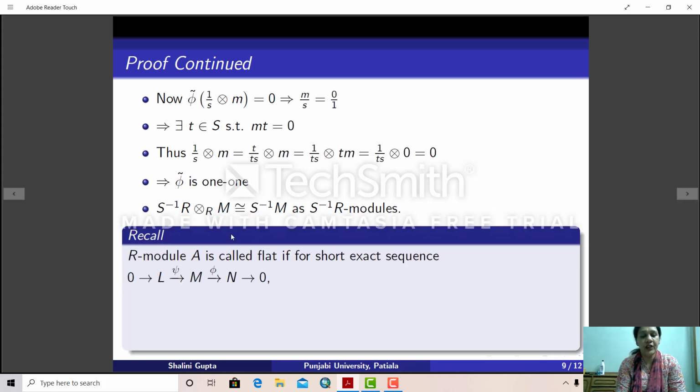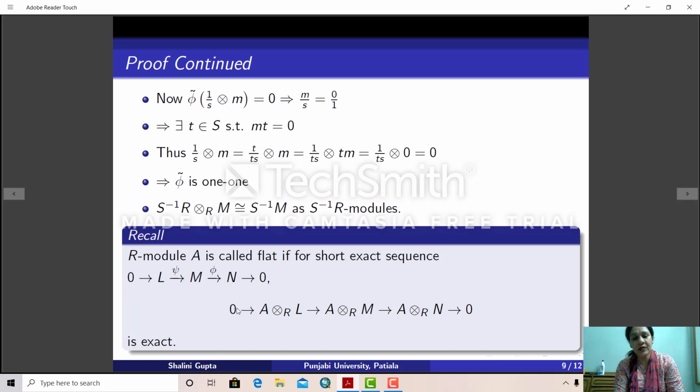So now we will use this property to prove certain results. For this, we will first recall the definition of flat R module. Suppose A is an R module, then we say that A is flat if for a short exact sequence of R modules 0 to L to M to N to 0, if we tensor this short exact sequence by A, we get a sequence 0 to A tensor L to A tensor M to A tensor N to 0.